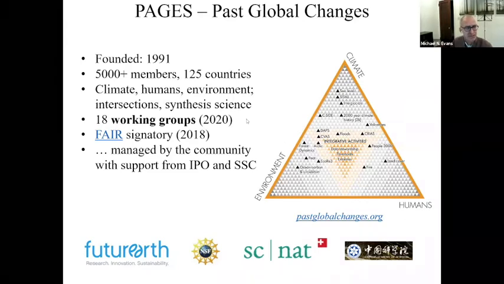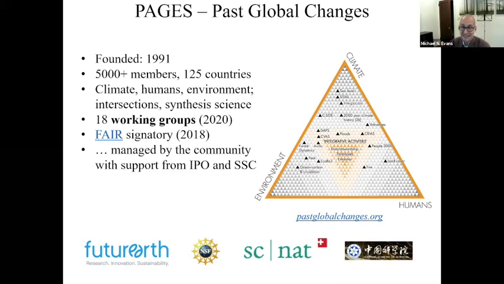As of 2020, there are about, and this number is not exactly accurate anymore, 18 working groups, which is the subject of our discussion today. And we are also a FAIR (findable, accessible, interoperable, and reusable) principles signatory.